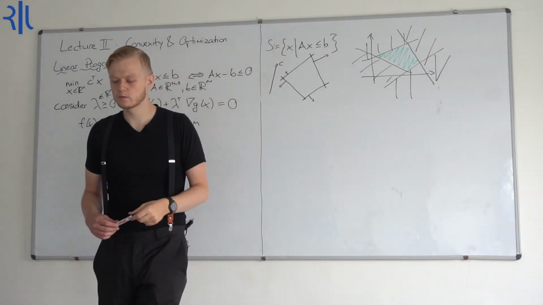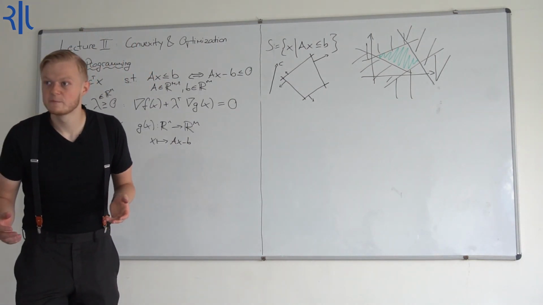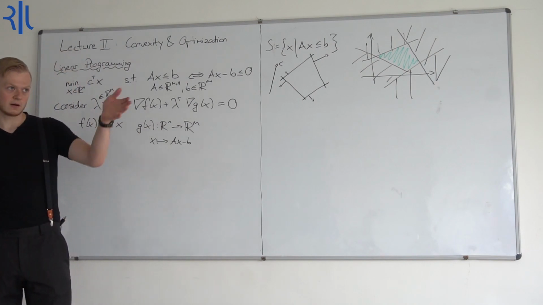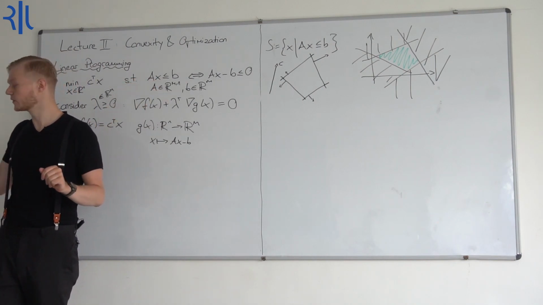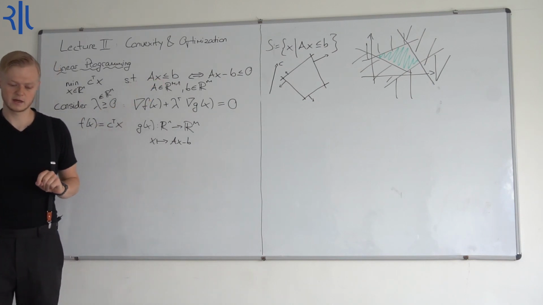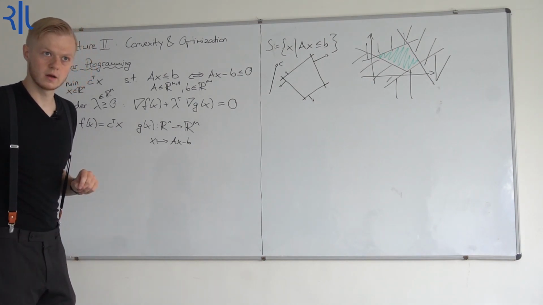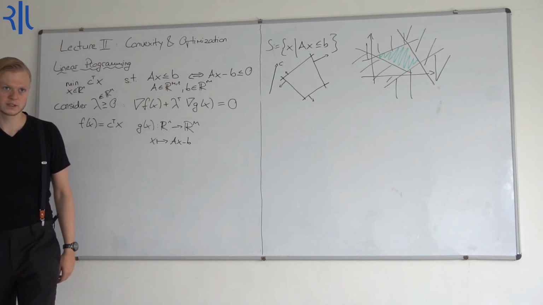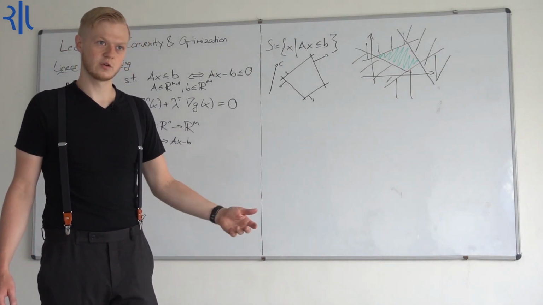So another way to really think about it very visually is maybe C would be pointing in this direction, which means I want to go down here. And here is like a wall. So when I want to walk this way, at some point I will run into the wall. I can't go on anymore.